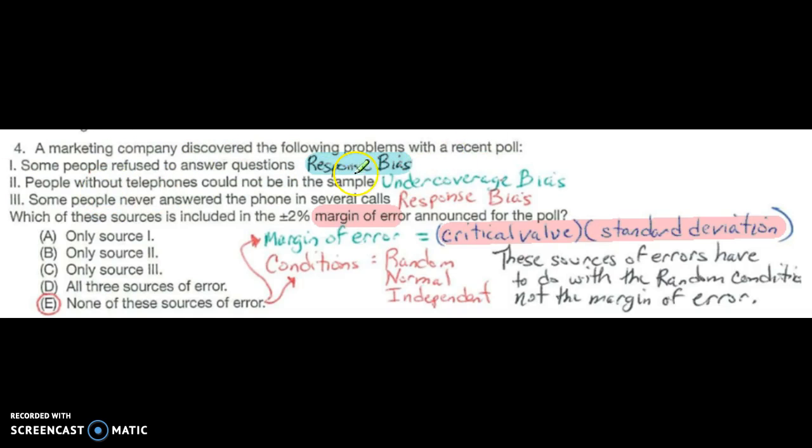The second choice is people weren't asked. That's undercoverage. The third one, people won't answer the phone in several calls. That's response bias. So now they're asking which is included in the margin of error. These 3 are questions about how it's sampled. The margin of error is a critical value and the standard deviation, so none of those are correct.